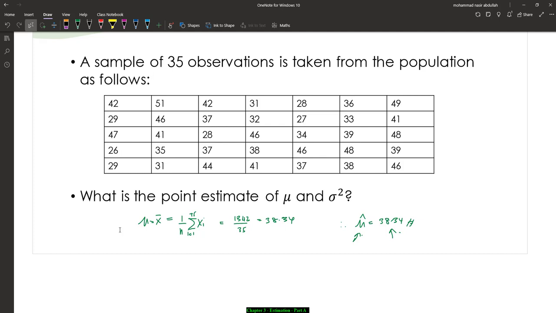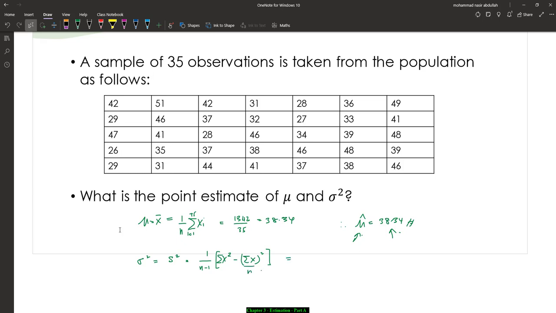And the point estimate for sigma squared should be equal to s squared, which is 1 over n minus 1 times the summation of x squared minus the square of the summation of x divided by n.